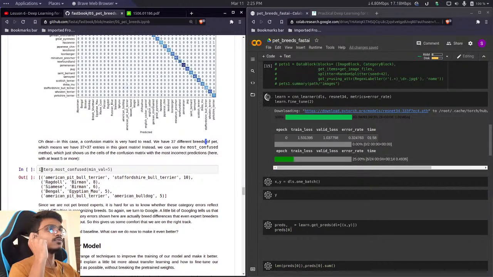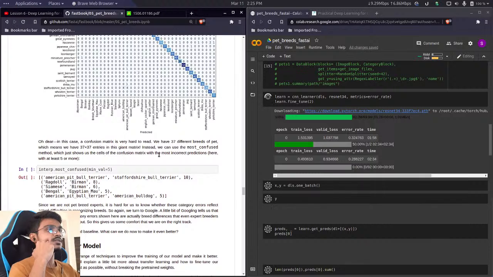So we can use the most confused method, which just shows us the cells of the confusion matrix with the most incorrect predictions.